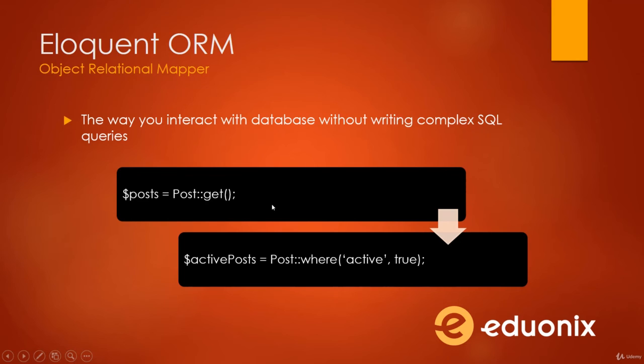And if we want to apply a filter to it, for example, let's say that we have an active field and we want to retrieve all of our active posts, this is the way to do it, with the where sentence or directive.